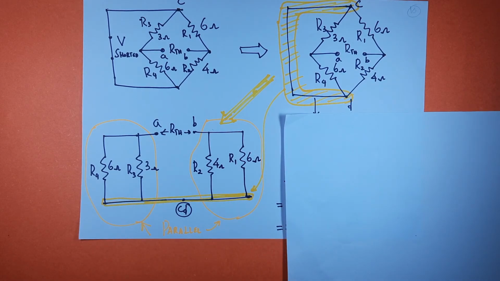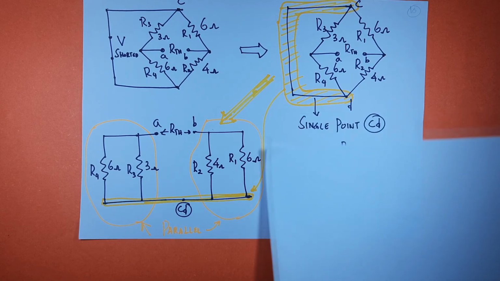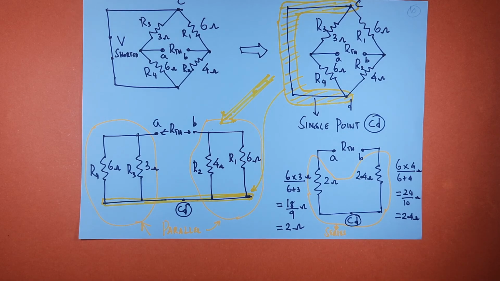You know the formula, R1 R2 divided by R1 plus R2. We just apply that formula. So this will be 6 into 3 divided by 6 plus 3, 18 by 9, 2 ohm. Here it is 6 into 4 divided by 6 plus 4, equal to 24 divided by 10, equal to 2.4 ohm. So your circuit becomes like this.